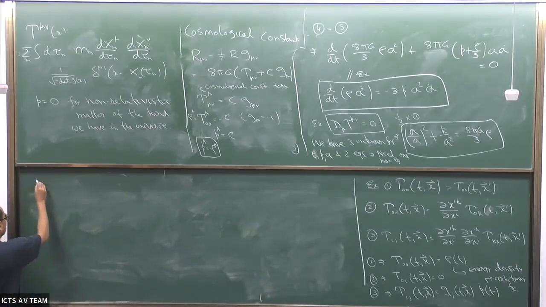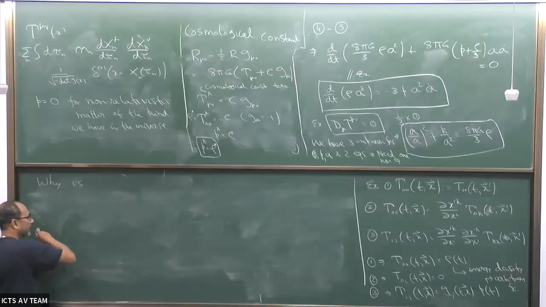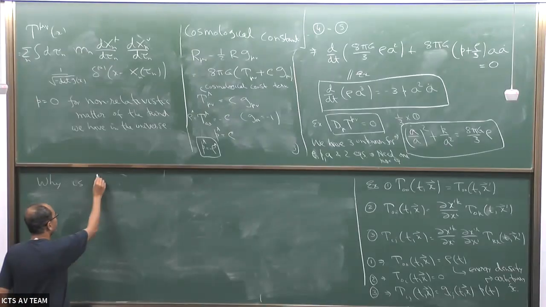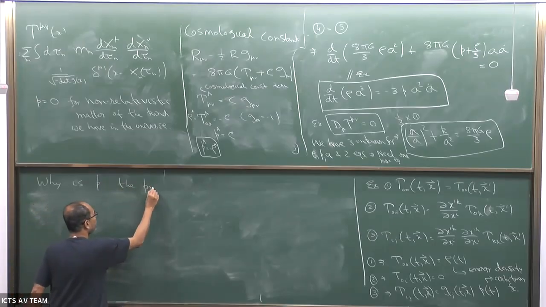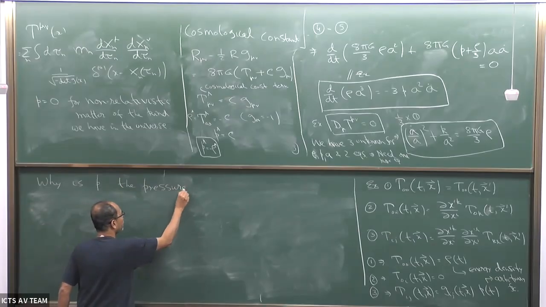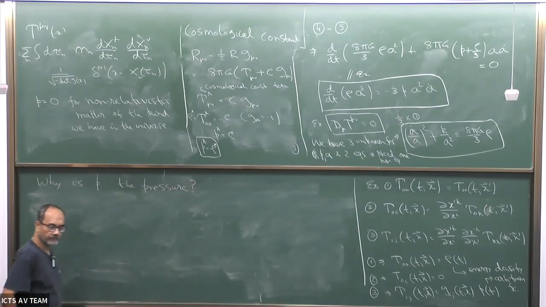So I think I have 5 minutes, so let me try to argue why this P that we have introduced is the pressure, what we normally call pressure. We'll do this in flat space, but you can then use the curved space result by going to a local inertial frame. Let's suppose you have a gas of particles.